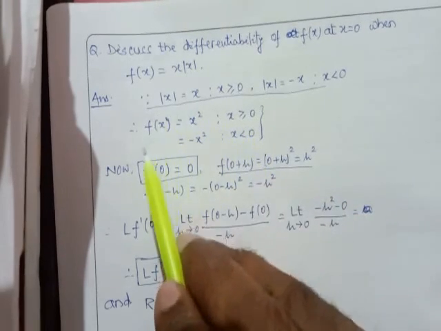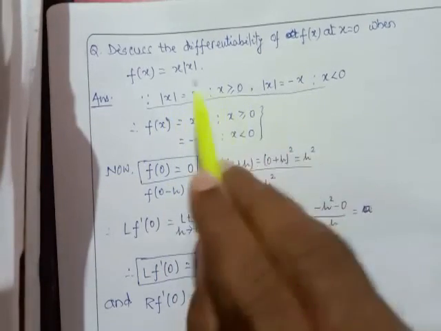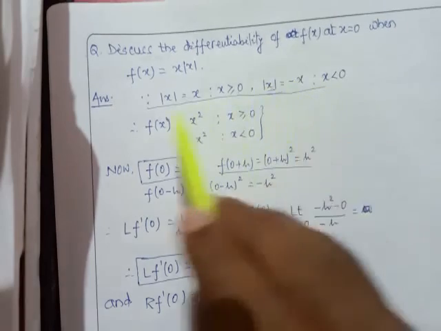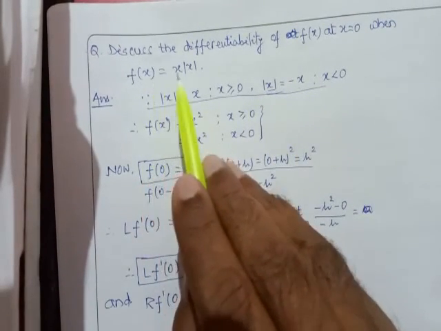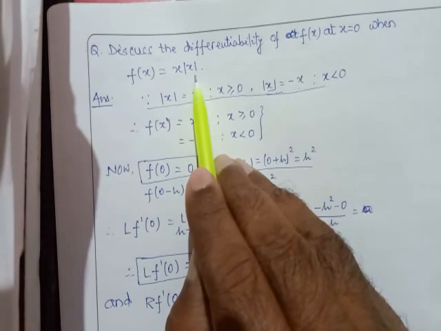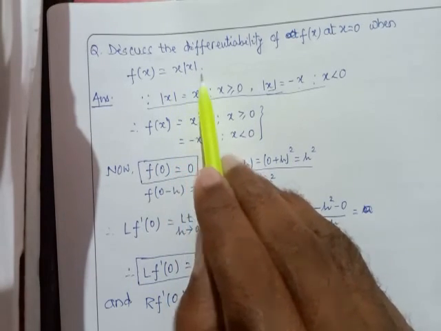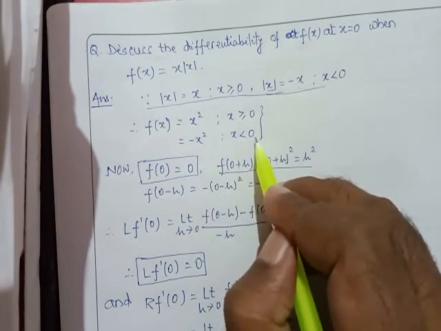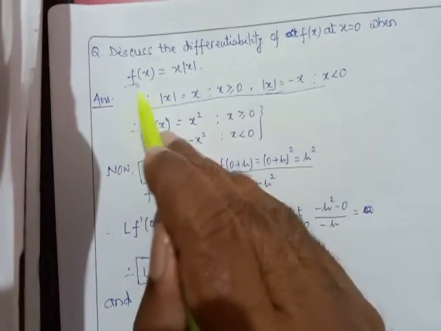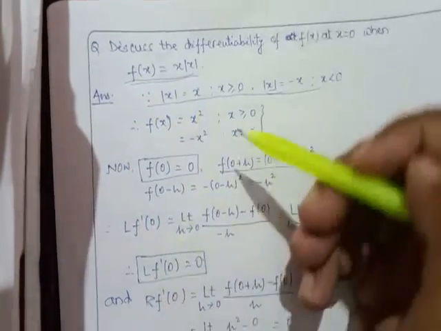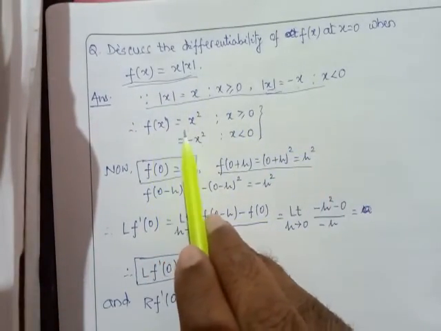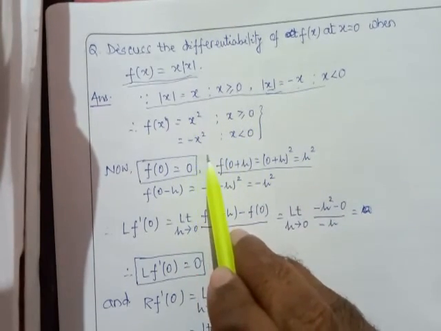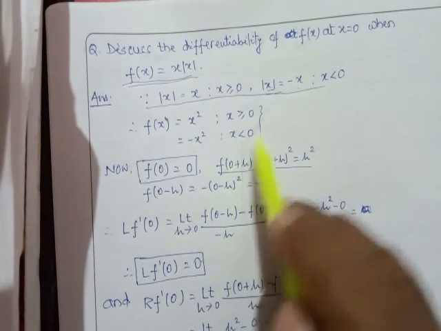And on the other hand, when x is less than 0, then modulus of x is equal to minus x, and in that case f(x) should equal x into minus x, which reduces to minus x square. So the question can be rewritten as f(x) is equal to x square when x is greater than or equal to 0 and minus x square when x is less than 0.